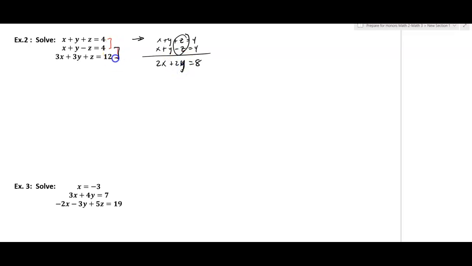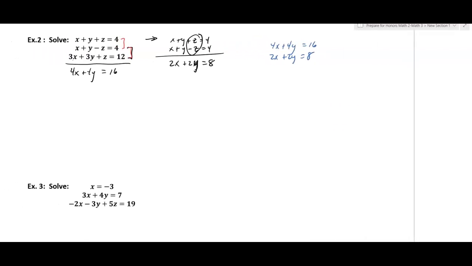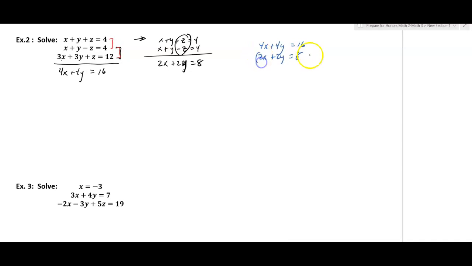Now, if I add these two together, right away, x plus 3x is 4x, y plus 3y is 4y, z's eliminate, equals 16. So now, if I take my two equations, 4x plus 4y equals 16, 2x plus 2y equals 8, right away, I know I'm going to multiply this bottom equation by negative 2.